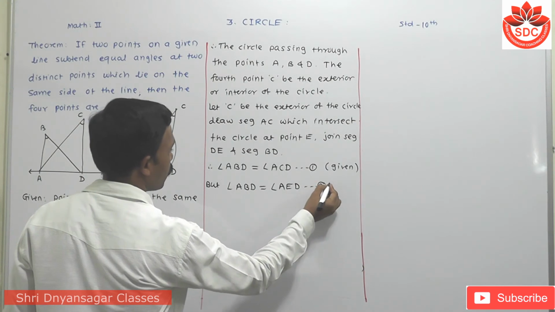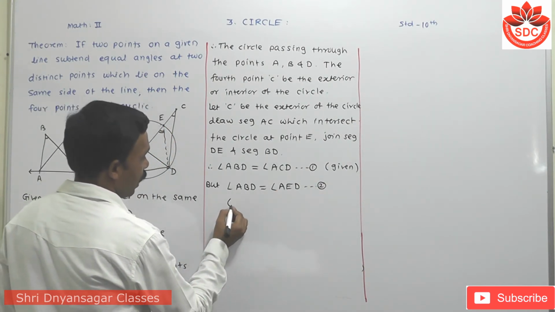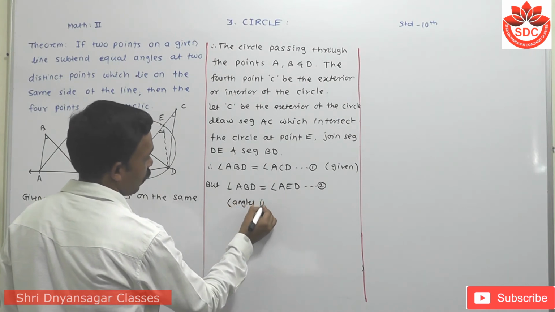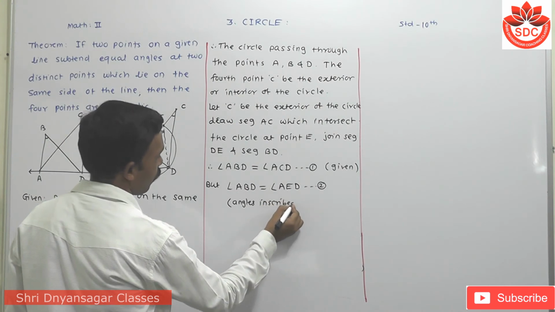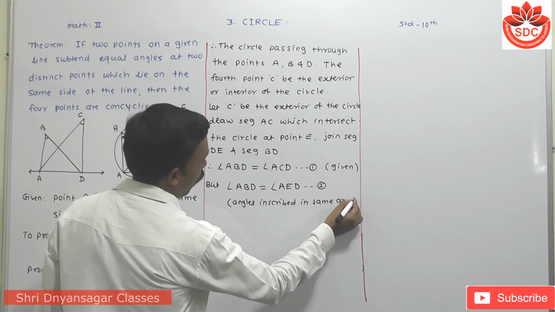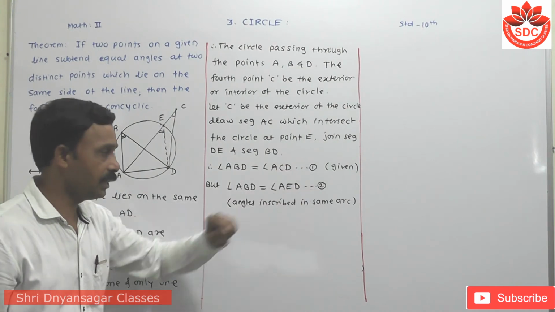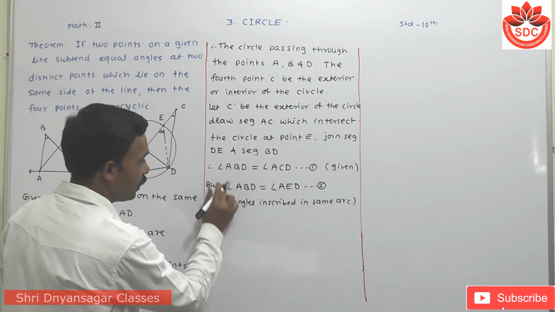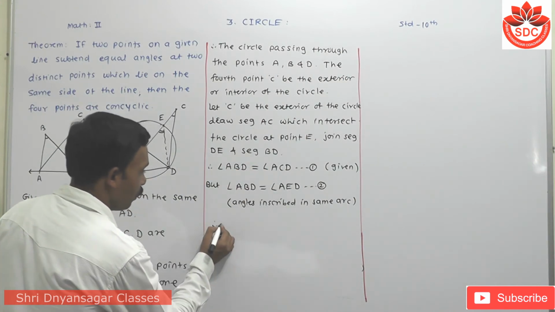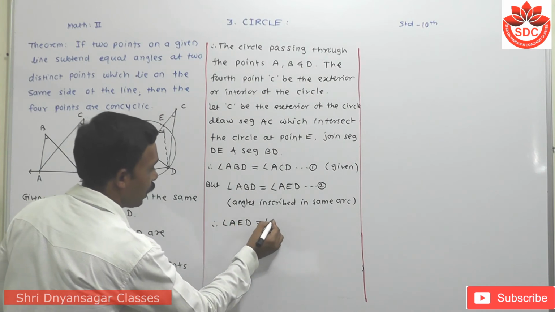Suppose that is equation number second, and the reason is that angles inscribed in same arc. Student, when we look at equation first and second, we conclude that these two angles are equal. Therefore angle AED is equals to angle ACD.